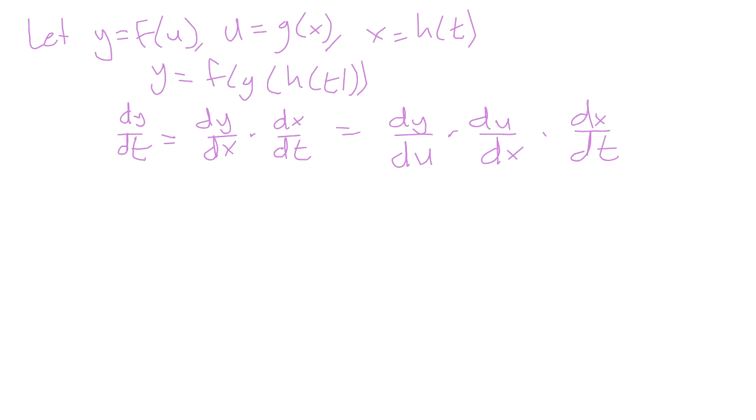Now this shows how we go from one to another. We go from y to u, from u to x, and x to t, like we did up here in our original, where we went from y to u to x, and x to t.